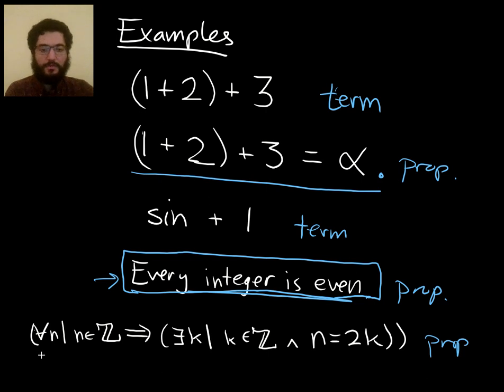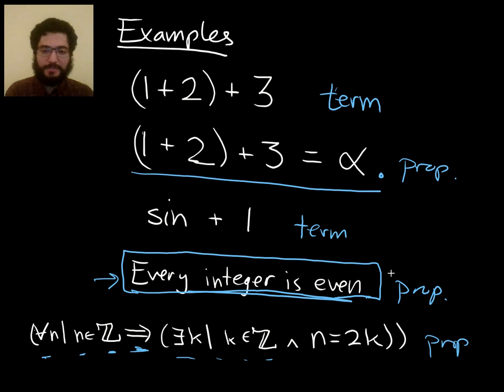And if you don't want to focus on the semantics, if you just want to focus on the rules of the syntax, then to verify that what you have is a proposition, you need to work with the grammatical rules having to do with all of the symbols showing up here. But since we're not necessarily diving quite that deep yet, I just want you to get a feel for the parts of speech.